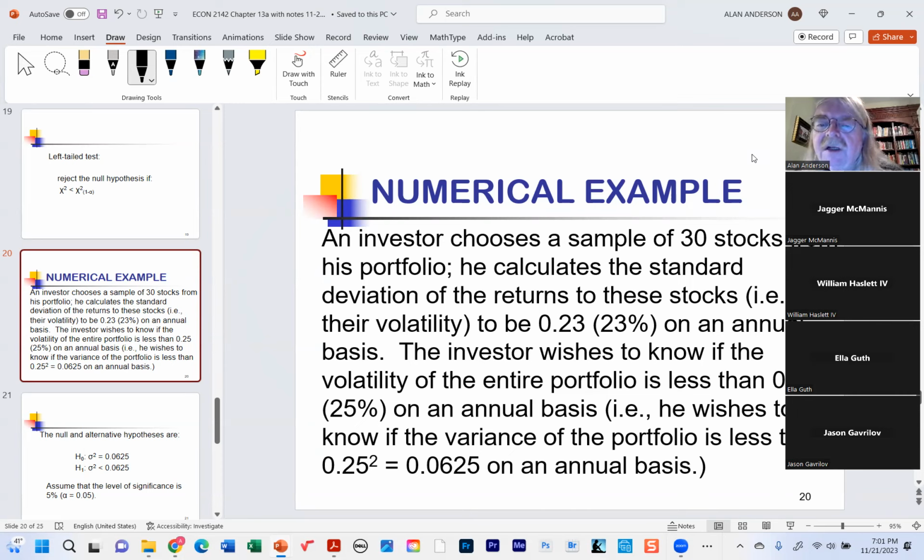Okay, and so here we've got an investor who picks a sample of 30 stocks from his portfolio, and he discovers that the sample standard deviation is 0.23 or 23%. That is a measure of risk. The higher this number, which is often referred to as volatility in the financial markets, the riskier the stocks are.